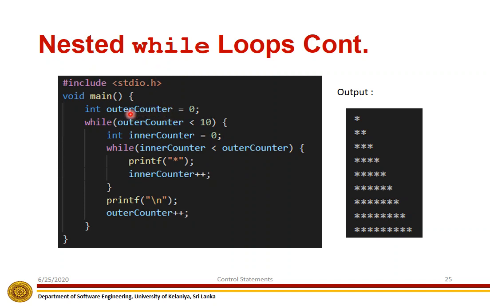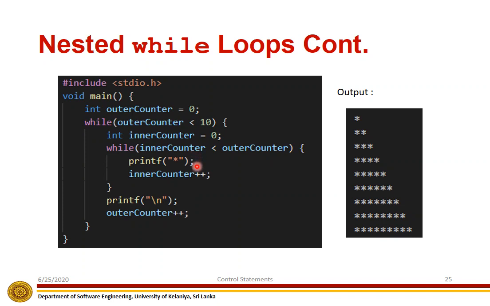First, outer counter is equal to 0. I have declared and initialized the variable before the while loop begins. So now outer counter is 0, 0 is less than 10, so it is satisfied, and inside of that I have declared and initialized the inner while loop variable. Inner count is equal to 0, so both outer count and inner count are 0.